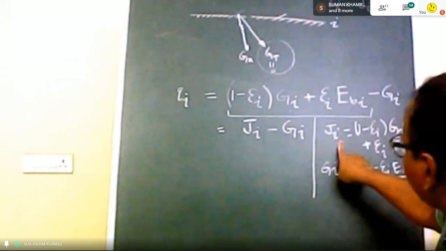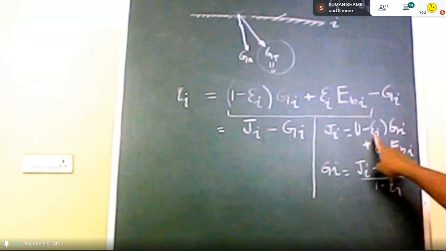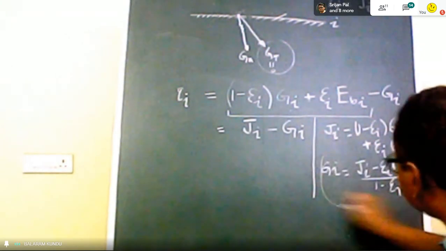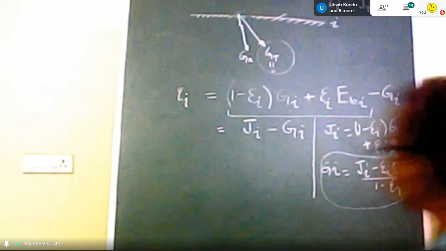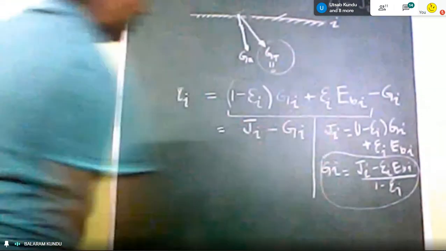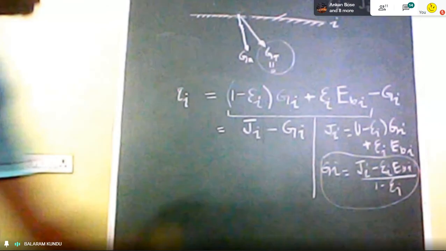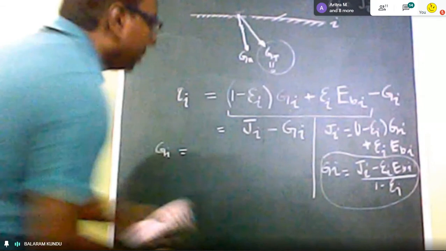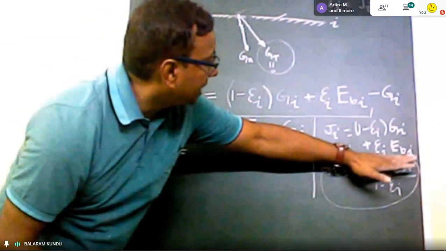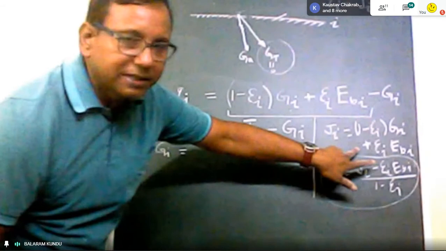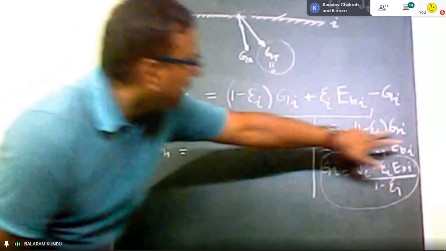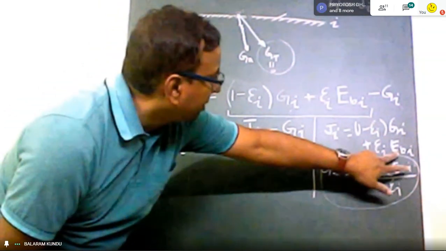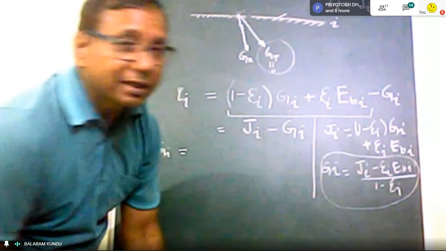Now Gi equal to, from the Ji definition, Gi equal to Ji minus epsilon i Ebi, whole divided by 1 minus epsilon i.